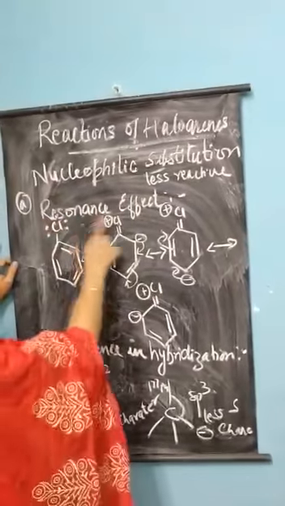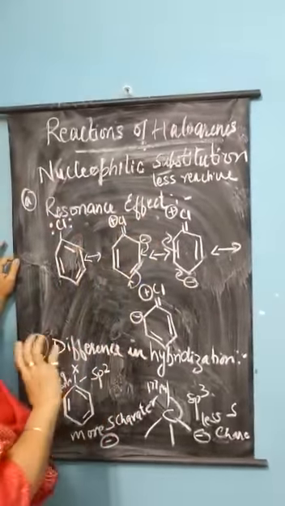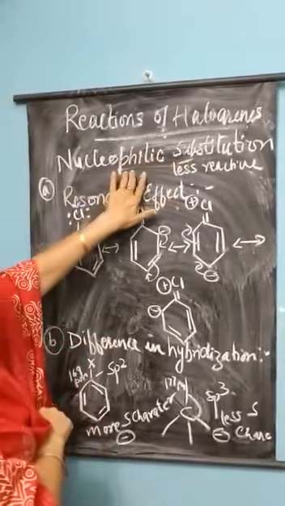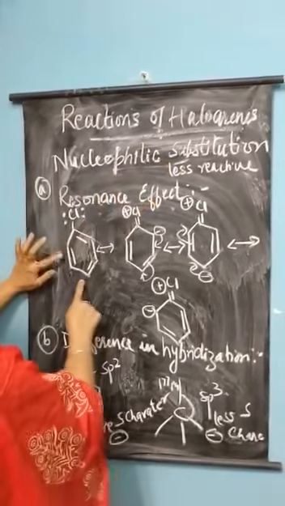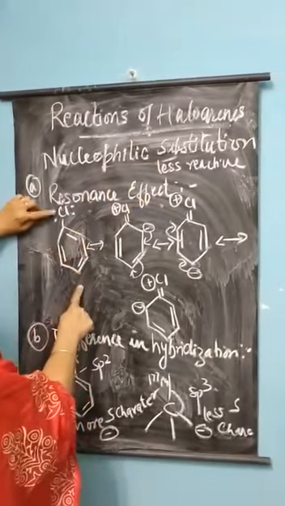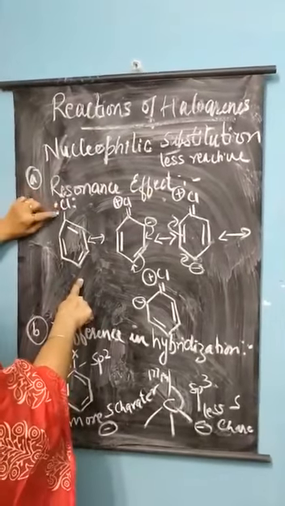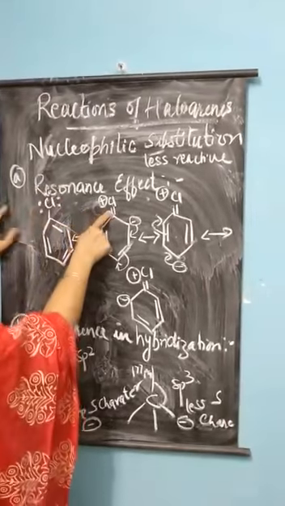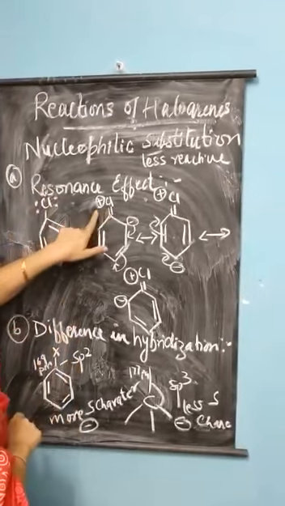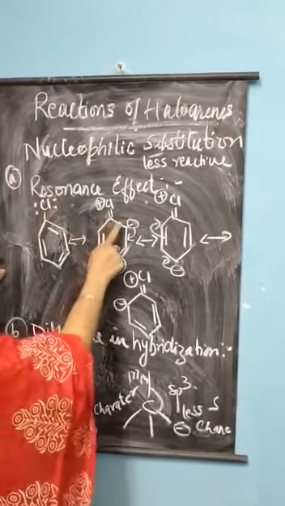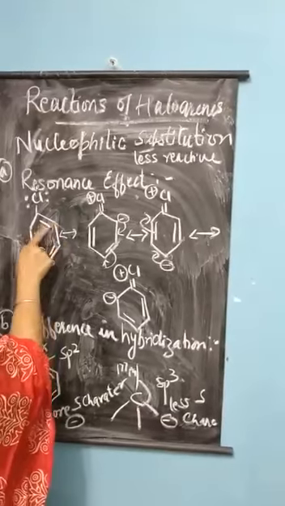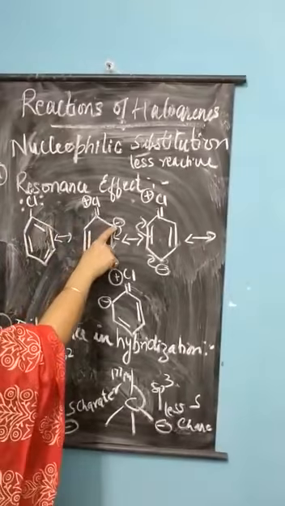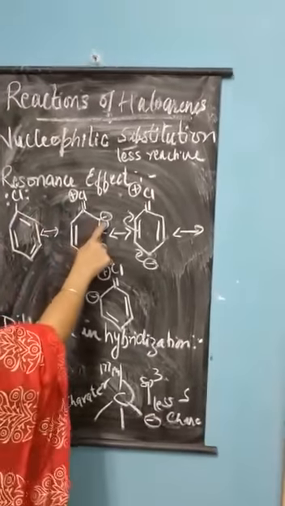First reason is the resonance effect. Let us see how it does not undergo nucleophilic substitution reaction easily. Here you can see the haloarene, with chlorine having a pair of electrons. Now one pair of electrons comes and attaches to the carbon-chlorine bond and forms a double bond here. Meanwhile, the electrons present in the benzene ring move towards this end and form a negative charge here.